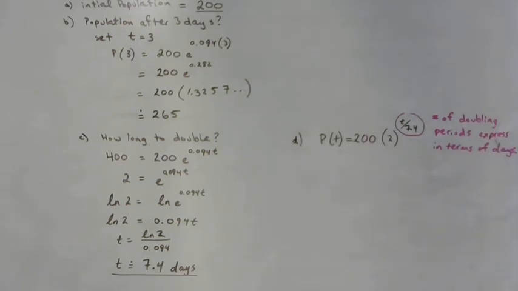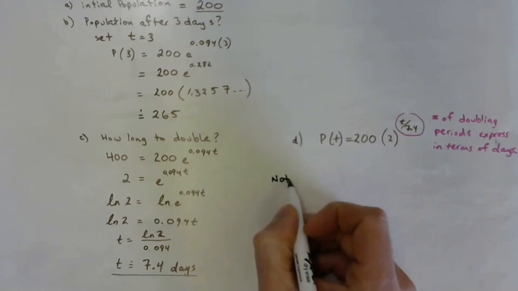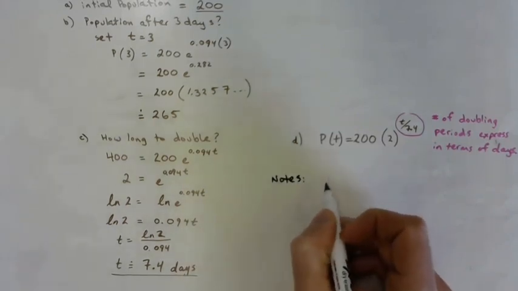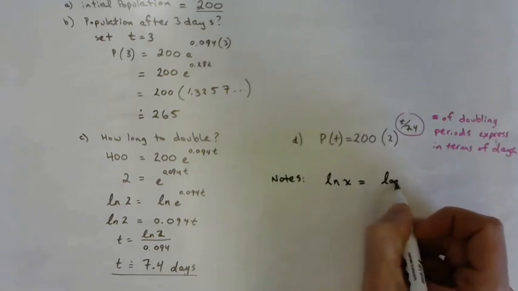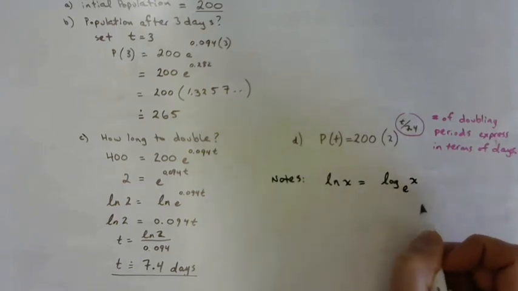Okay, a couple of final notes for this one. Just as a reminder, we have that the natural log of x is equal to the log of x base e.